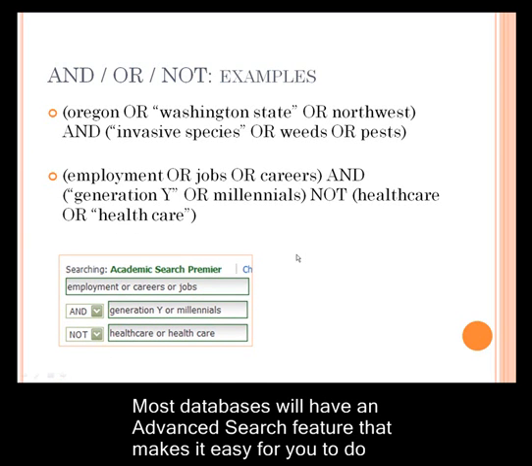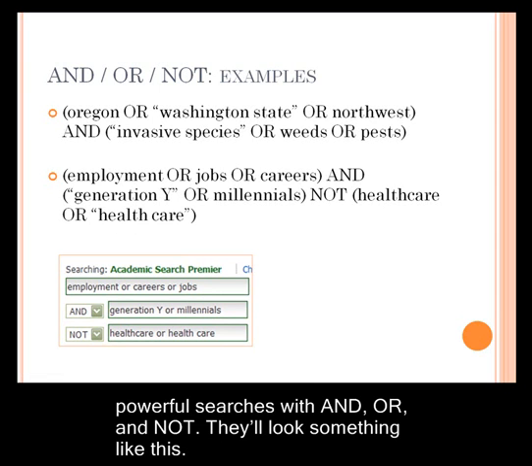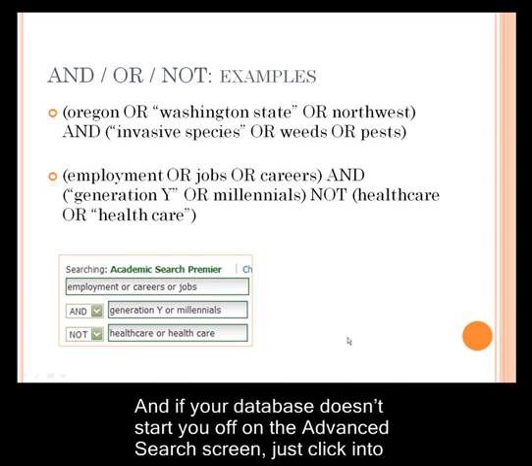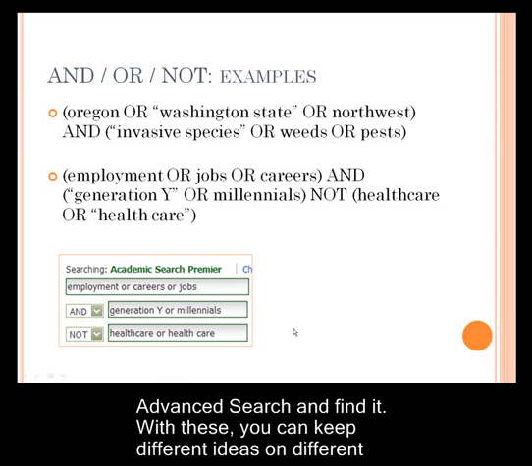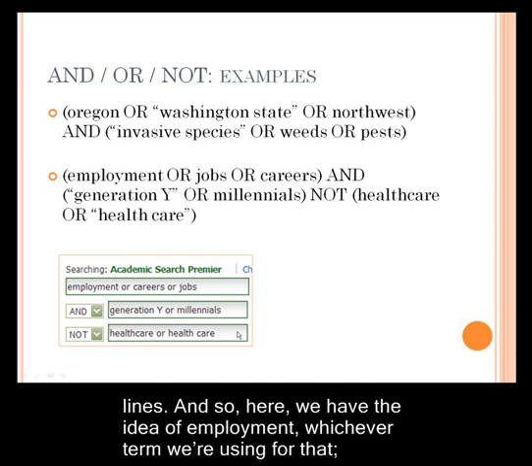And finally, here's an important tip. Most databases will have an advanced search feature that makes it easy for you to do powerful searches with and, or, and not. They'll look something like this, and if your database doesn't start you off on the advanced search screen, just click into advanced search and find it. With these, you can keep different ideas on different lines.